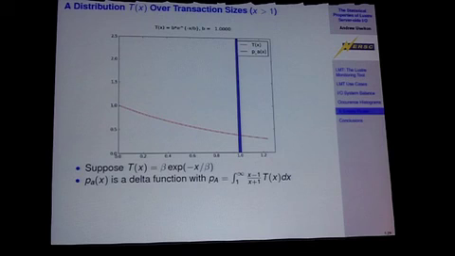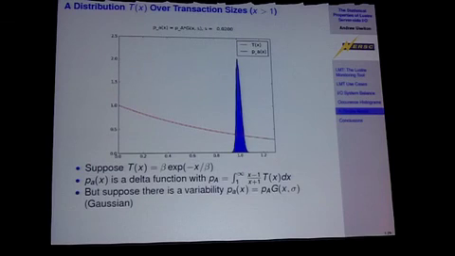Since all of them are exactly 1, the probability density is infinite, but it's just a delta function at 1.0 given by this. The first thing I've done in this model is to say that maybe the observation interval isn't perfectly exactly that value, but there's a little bit of variability in it. That's not too unlikely. So we can superimpose a Gaussian on that delta function, and now you get this little Gaussian here.